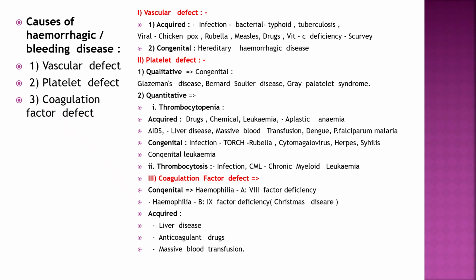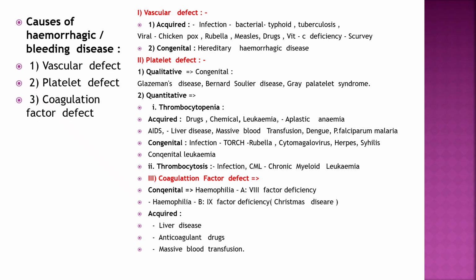In congenital, it can be the TORCH group, that is toxoplasma, rubella, cytomegalovirus and herpes, or syphilis, and then congenital leukemia. Increased platelet count is called thrombocytosis, and it can be seen in infection or in chronic myeloid leukemia.